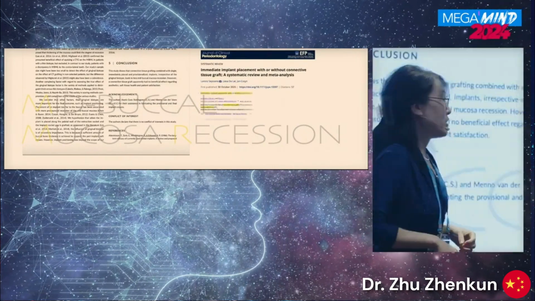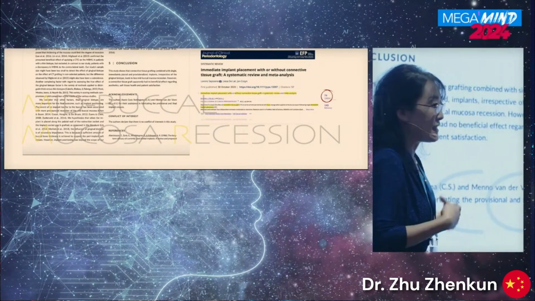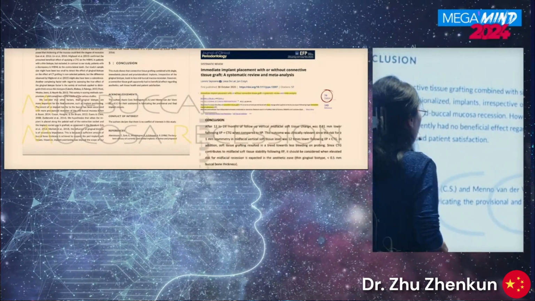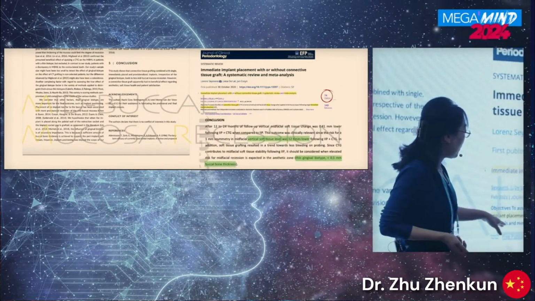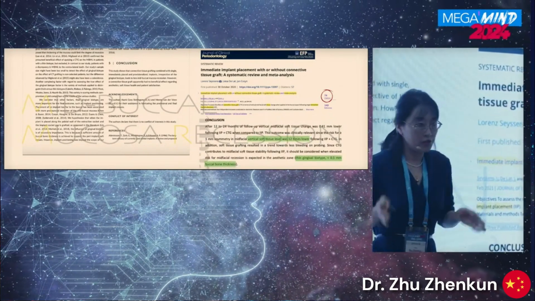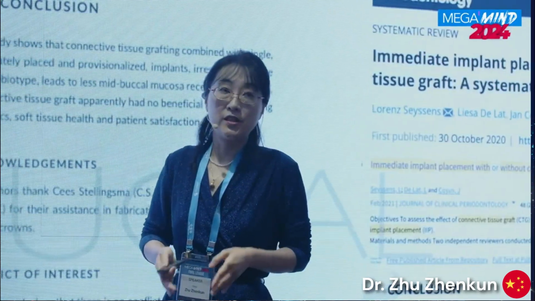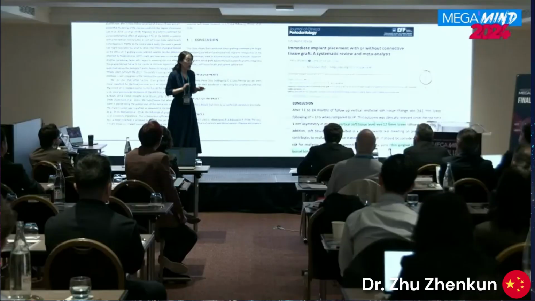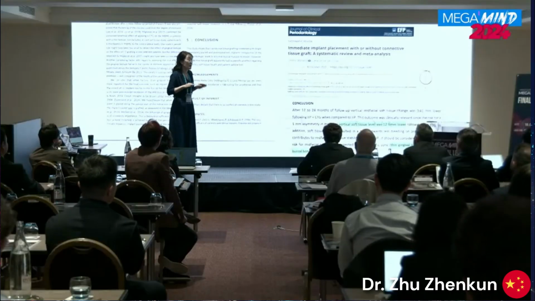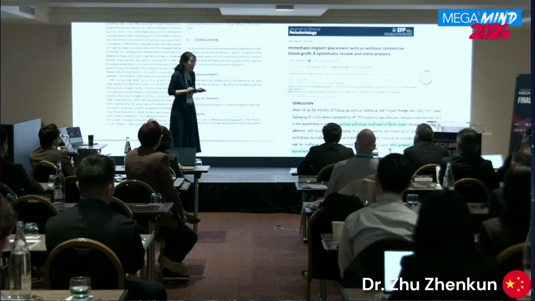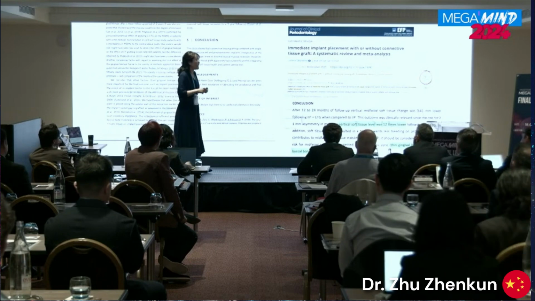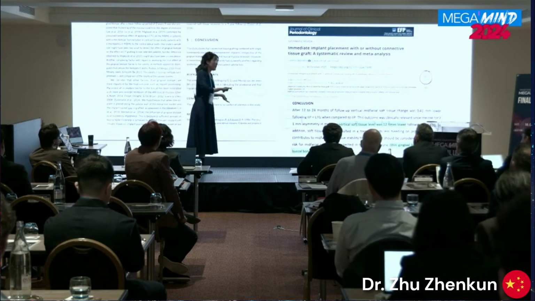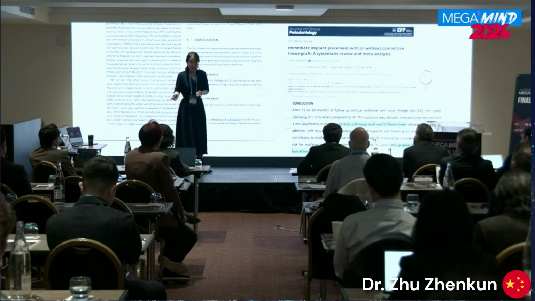More so, this systematic review with up to 74 citations also gives us this conclusion: the middle facial vertical soft tissue change, or recession, is 12 times lower following immediate implant placement with CTG compared with the group without CTG.